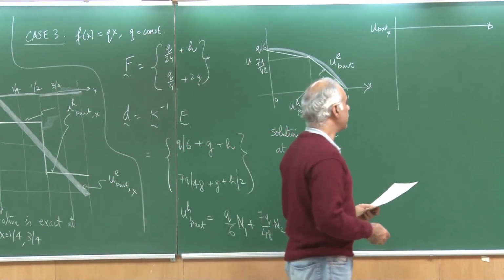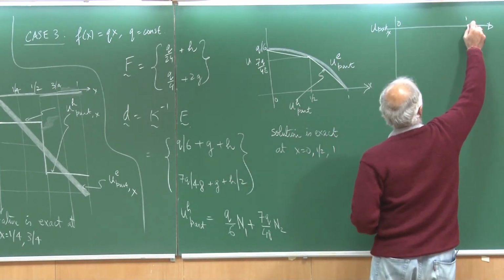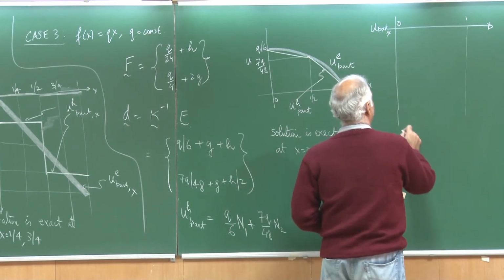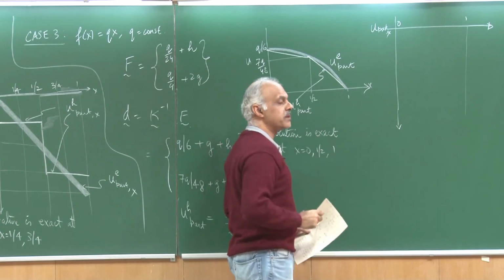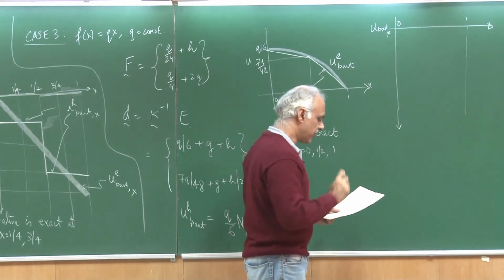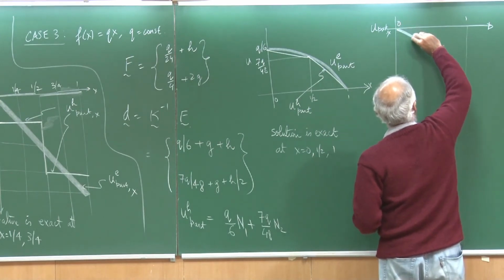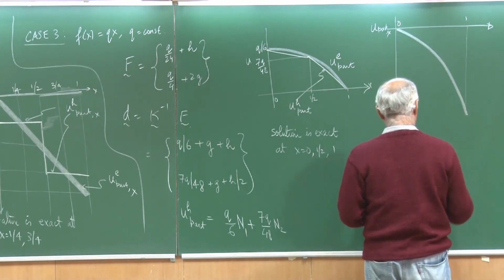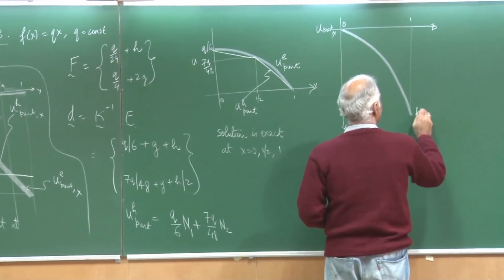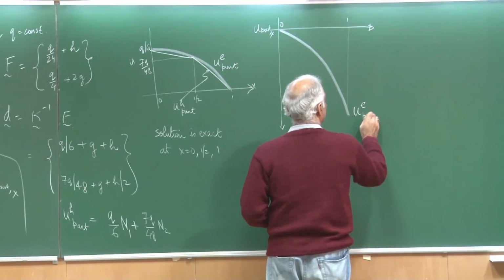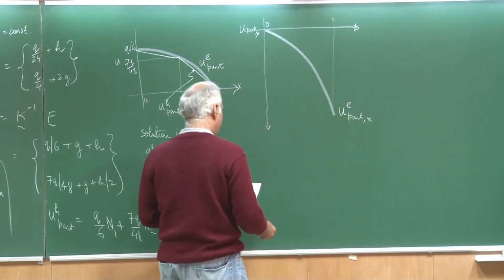Now, I move on to the slope. So, this is 0, this is 1. The exact solution is cubic, so the slope is going to be quadratic, and it looks pretty much like this. This graph that I have shown you is u exact particular comma x, and let me mark some values.